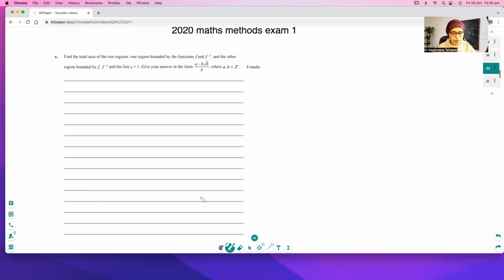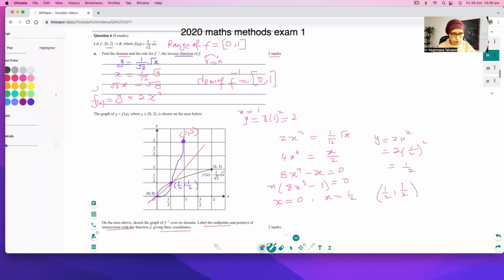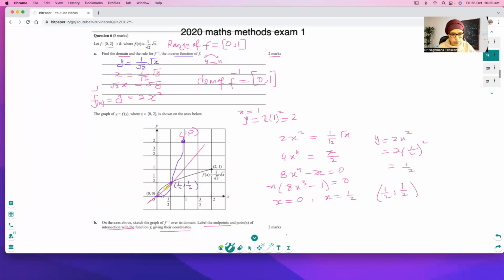So if we go back to the previous page and see which regions we're looking for, one of the regions is bounded between f and f inverse. So that would be this region we're talking about. And then we're also talking about the region between f and the line, between 0 and 1. So this region we are talking about.